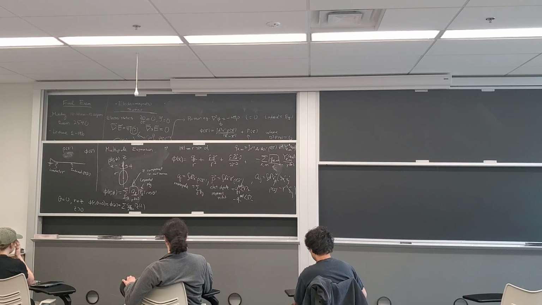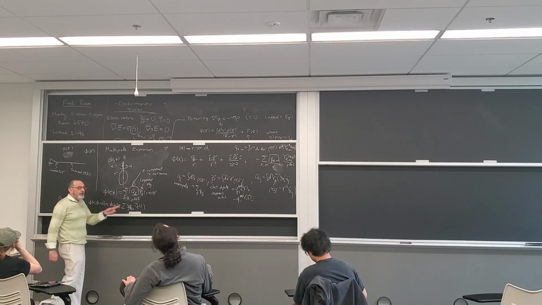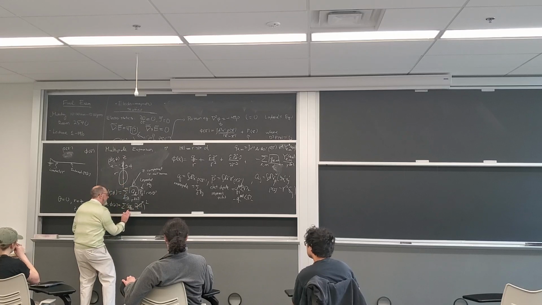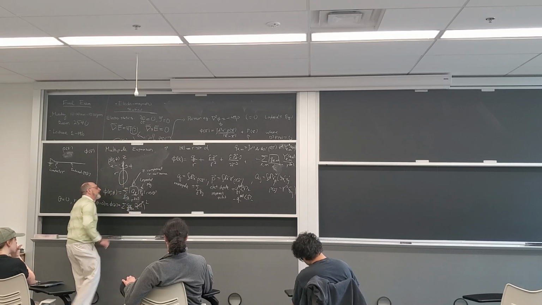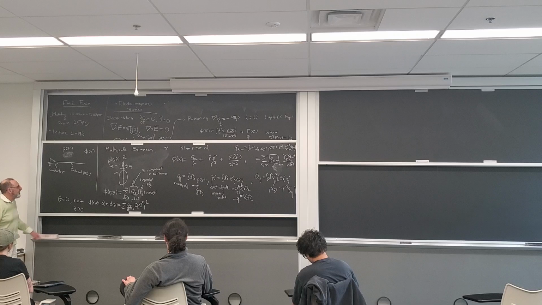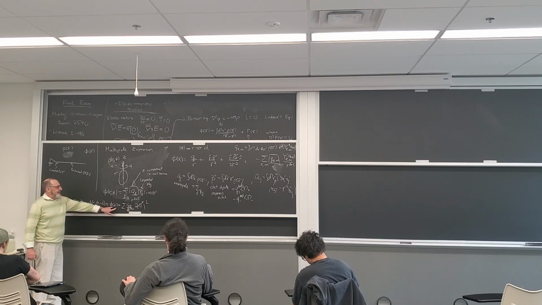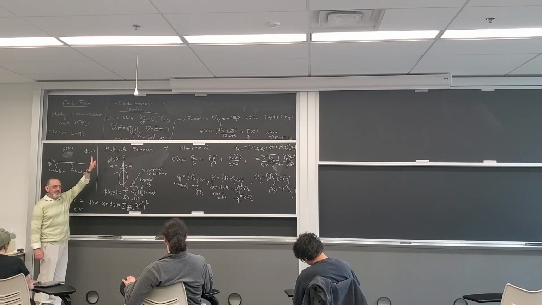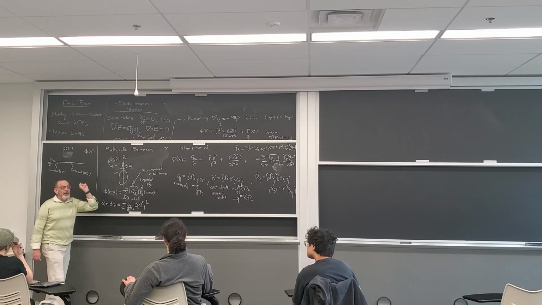Because cosine of 0 is 1. And all the Legendre polynomials at the origin are 1. So this is equal to this. So if we know the potential on the z-axis, we know it everywhere.